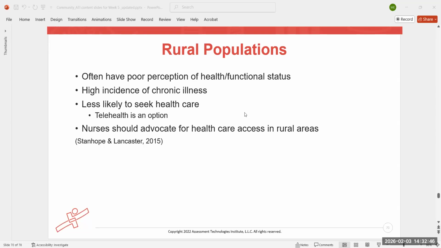Telehealth could be an option, but you do want to make sure that they're still being seen in person intermittently. And you do also want to make sure that there is the ability to have internet services to seek the telehealth option. So access to care will be a big piece of advocating for clients who live within rural areas.